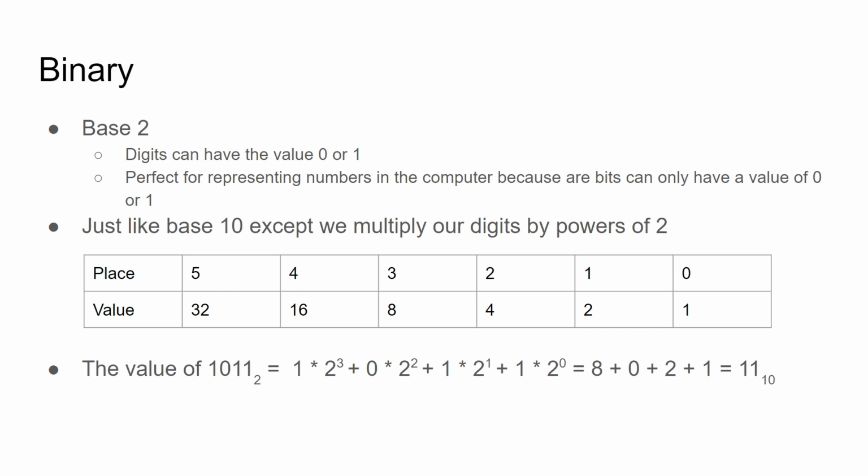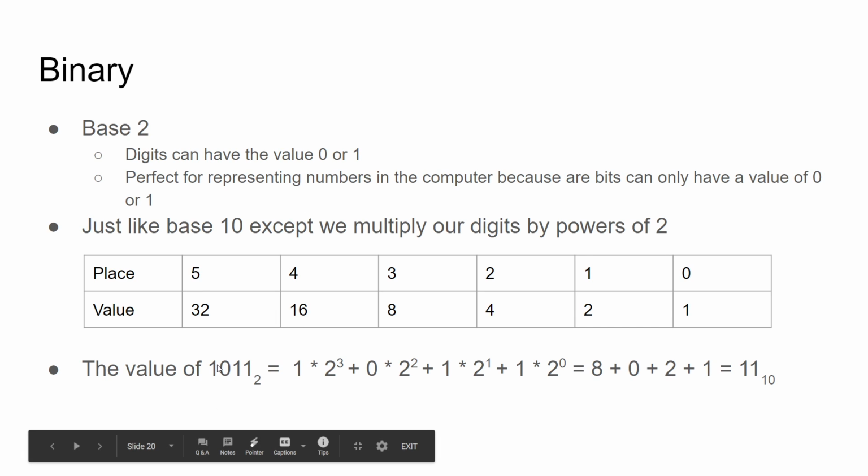In base 2, digits can have the value 0 or 1. It's perfect for representing numbers in the computer system because bits can only have the value 0 or 1. Figuring out the number is just like base 10, except we multiply by powers of 2 instead of powers of 10. So here's our 5, 4, 3, 2, 1, 0 places: 1s, 2s, 4s, 8s, 16s, 32s.